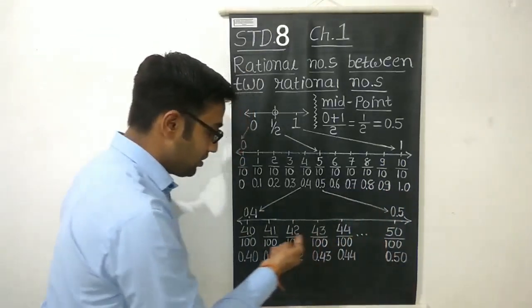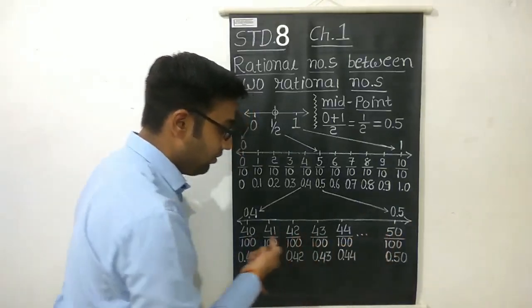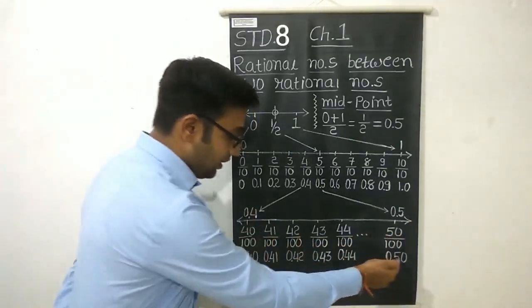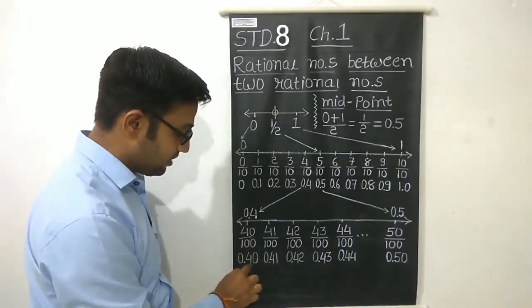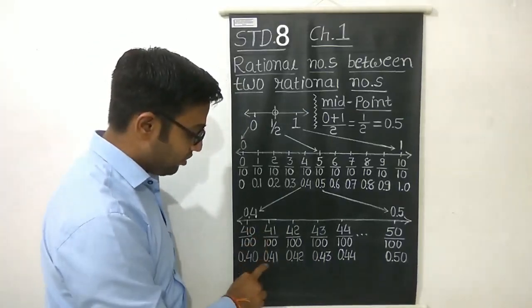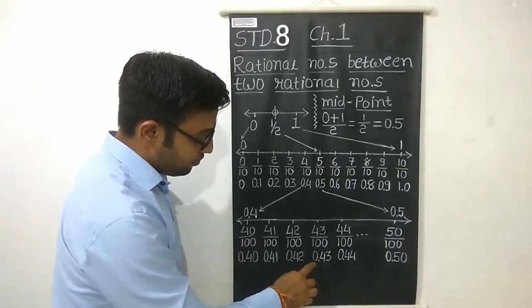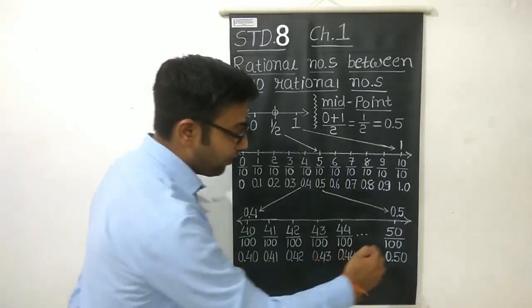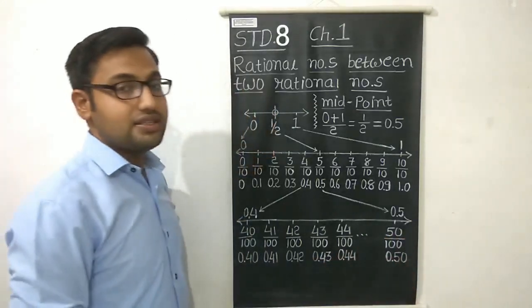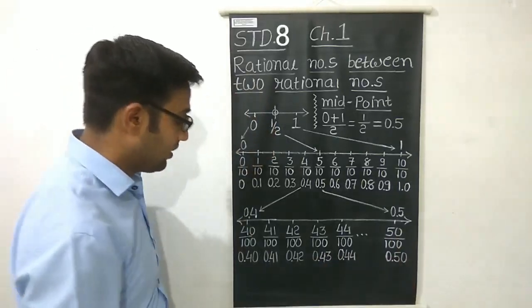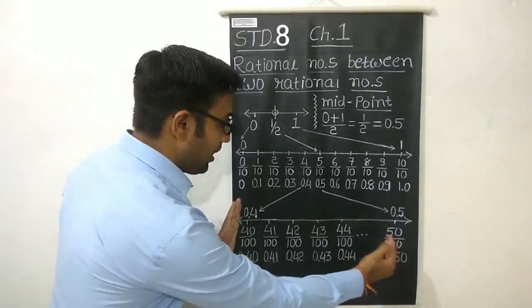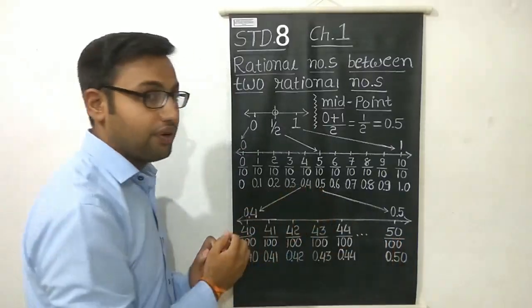So this is the representation in rational form, and here is the representation in decimal form. So 40 upon 100 means 0.40. This is 0.41, 0.42, 0.43, 0.44, and the last number we get is 0.50. So now see here, these are the numbers between 0.4 and 0.5.